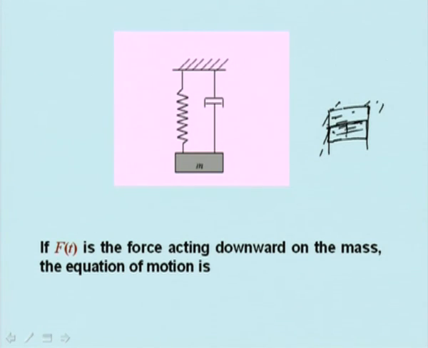This type of system is called a dashpot, and here the force is proportional to the velocity, because you know that in a viscous material, if an object is moving, the force is proportional to velocity. And we can put Ft as the force acting downward on the mass.